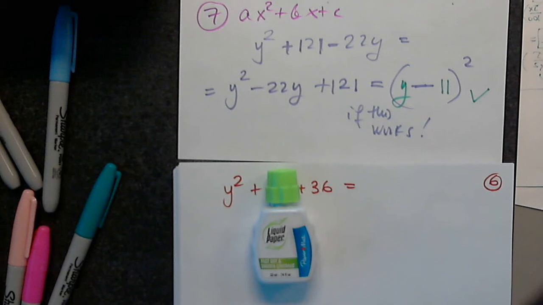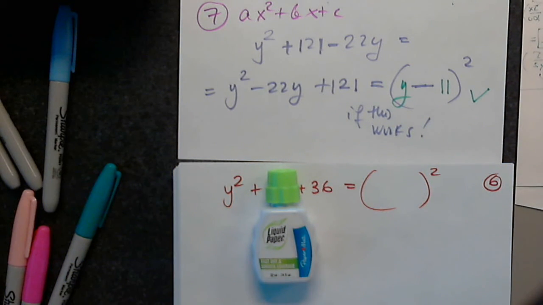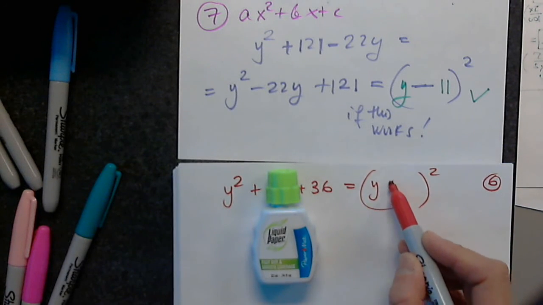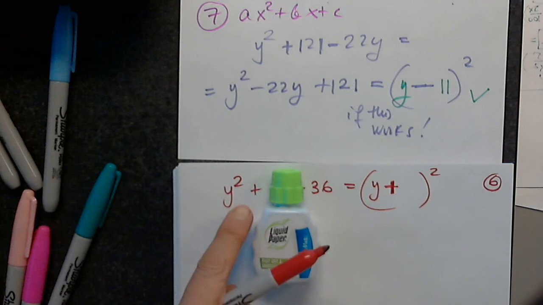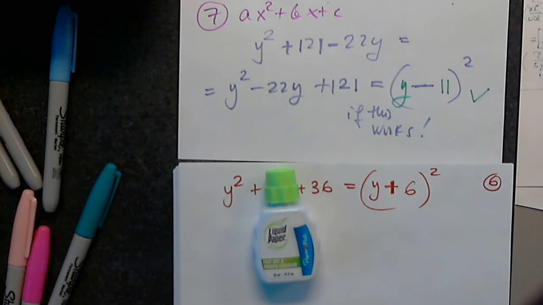So I expect, looking at y squared and looking at 36, I expect this. What is my expectation here? Positive, correct, because this is positive. And what should I have here? 6. But now let's think for a moment.